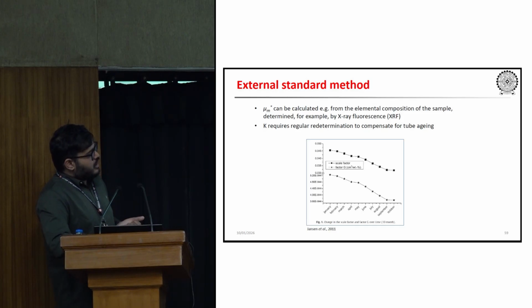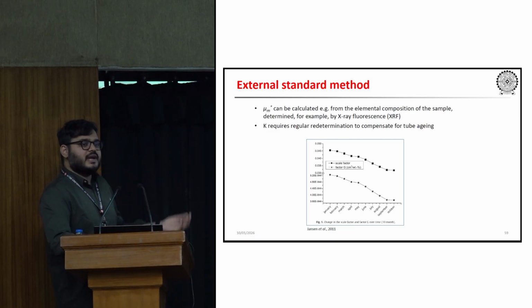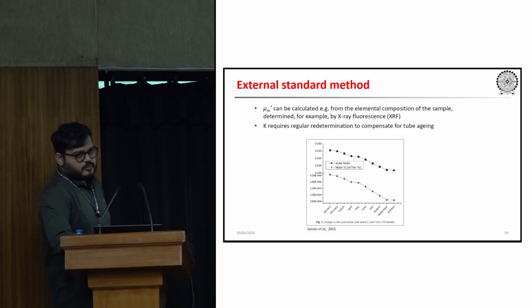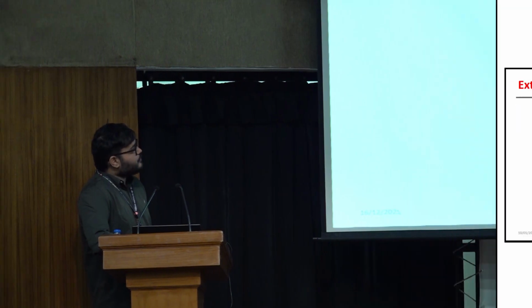So your K factor will also reduce continuously with time. So you cannot just do it once, you have to do the external standard measurement every time you are running your samples. And the K factor or the G factor will have to be redetermined frequently to compensate for the tube aging, right?